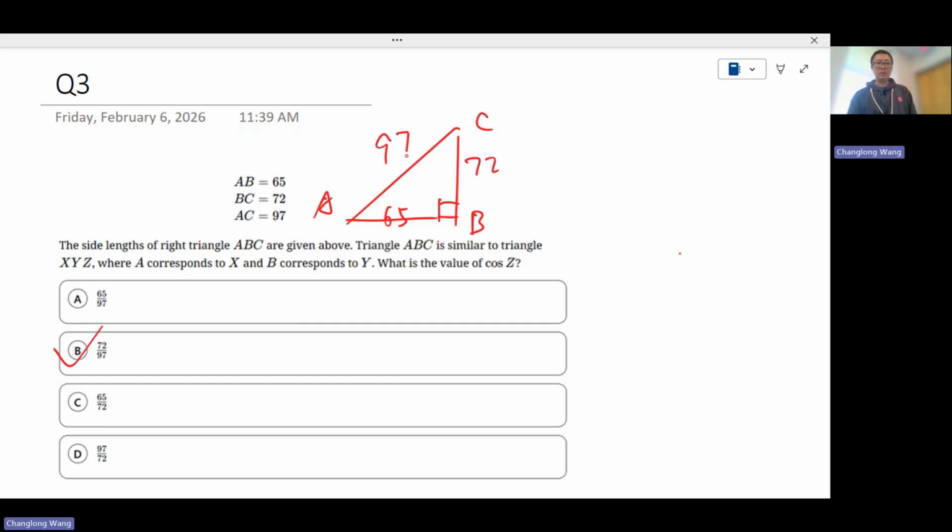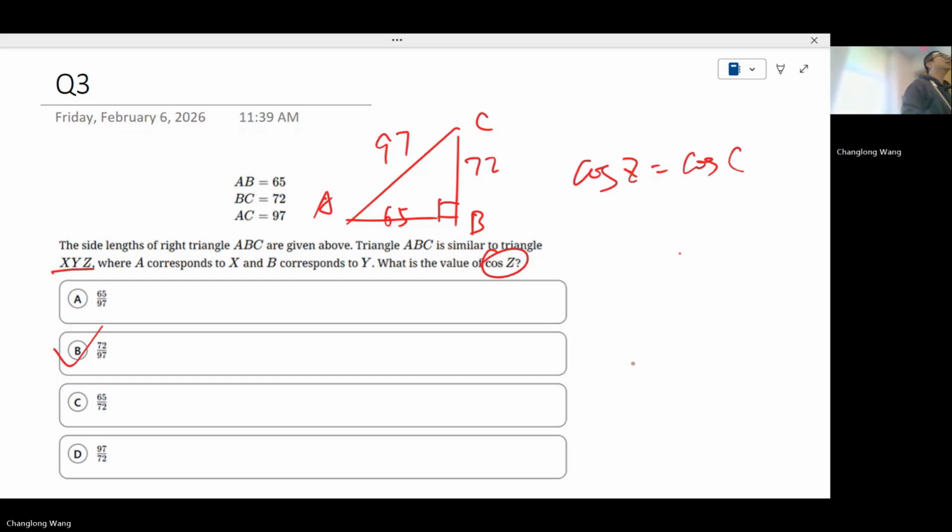AC is 97. But now they say some other triangle which is similar to ABC, right? So they say A corresponds to X, B corresponds to Y. Then what angle in ABC corresponds to the Z? C, right? So basically, cosine Z is nothing but cosine C, right?